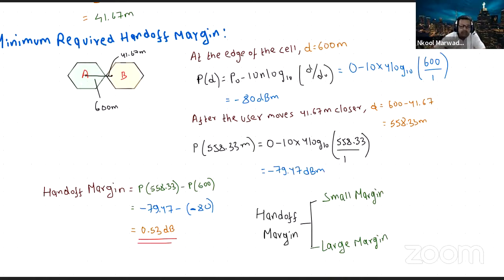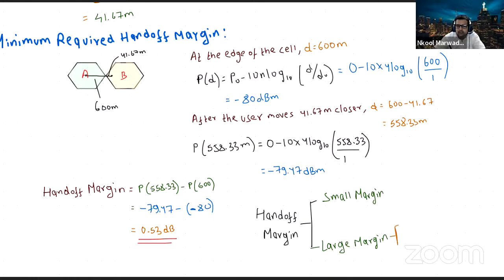If we have a large margin, it is favorable for a handoff.